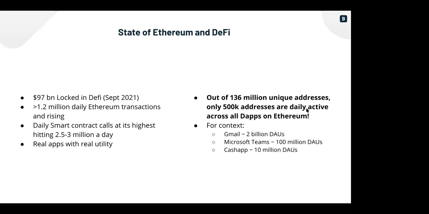And active users out of them are just around 500K across all dApps, and this is on Ethereum we are talking about. So you see 500K and 2 billion, and these 100 million daily active users, there's a huge gap. And we just need to remove these frictions whenever you are dealing with blockchain.